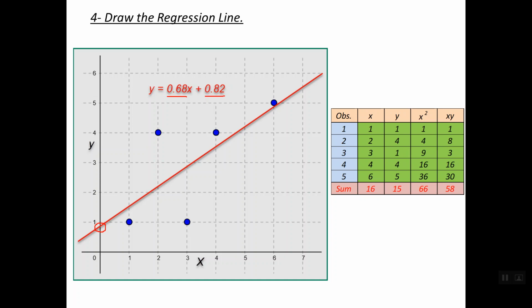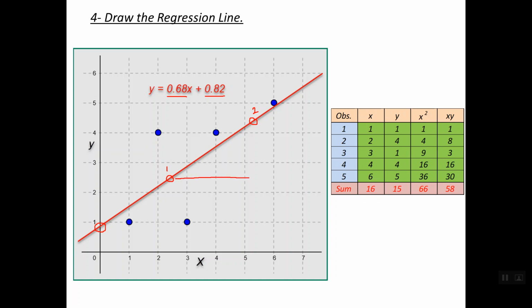Regarding the slope, which is 0.68, you can compute it if you know 2 points on the regression line. For example, this point number 1 and this point number 2.